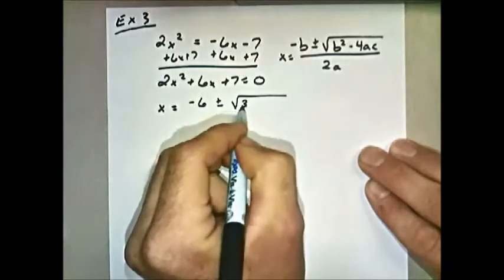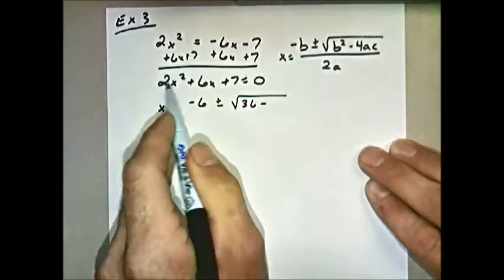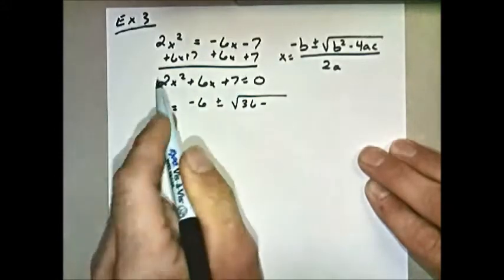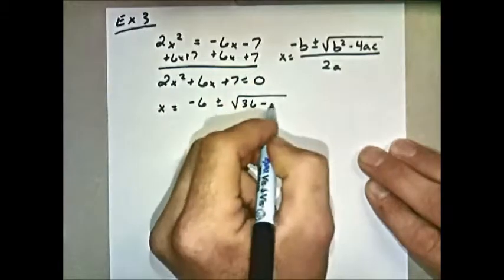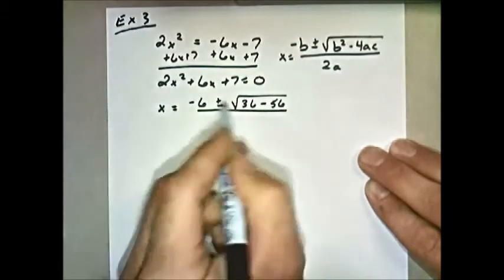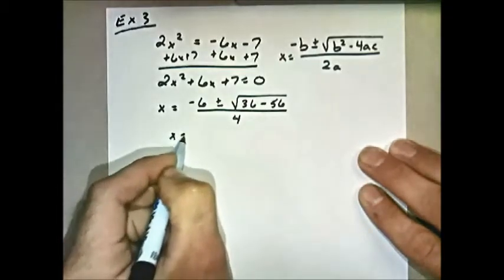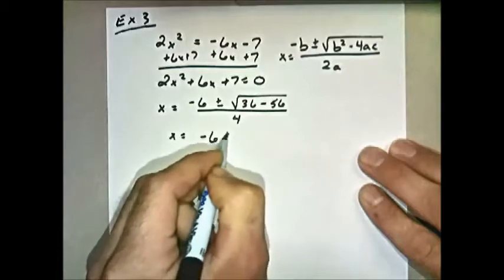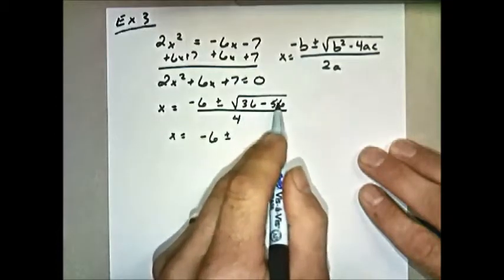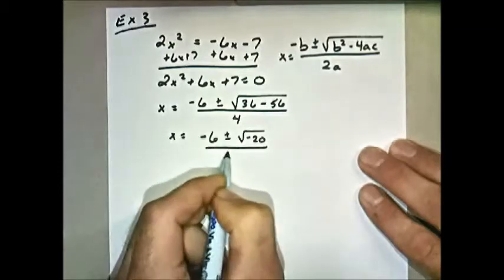B squared is 36 minus 4 times 2 times 7. 4 times 2 is 8 times 7 is 56. Divided by 2 times a, which is 4. Simplifying, we have negative 6 plus or minus 36 minus 56 is negative 20, divided by 4.